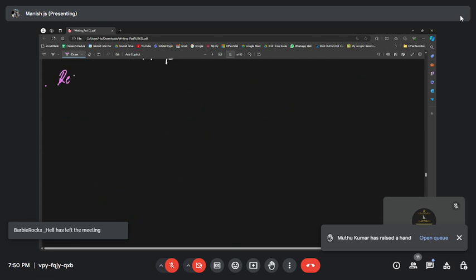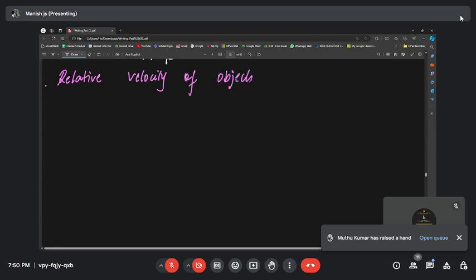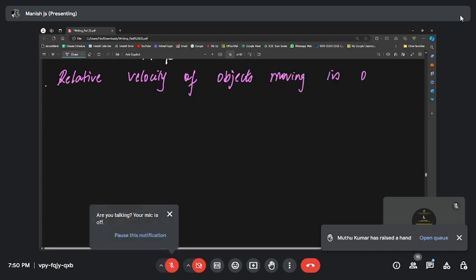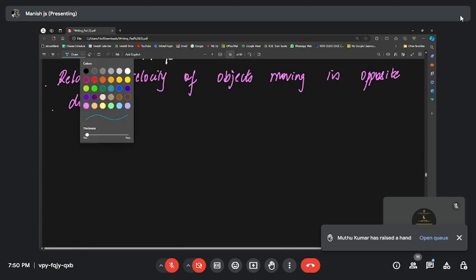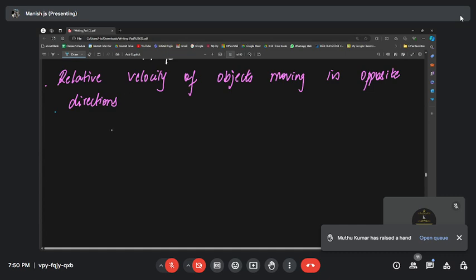So, relative velocity of objects moving in opposite directions. When you have objects moving in opposite directions, it can be perceived in two different ways.